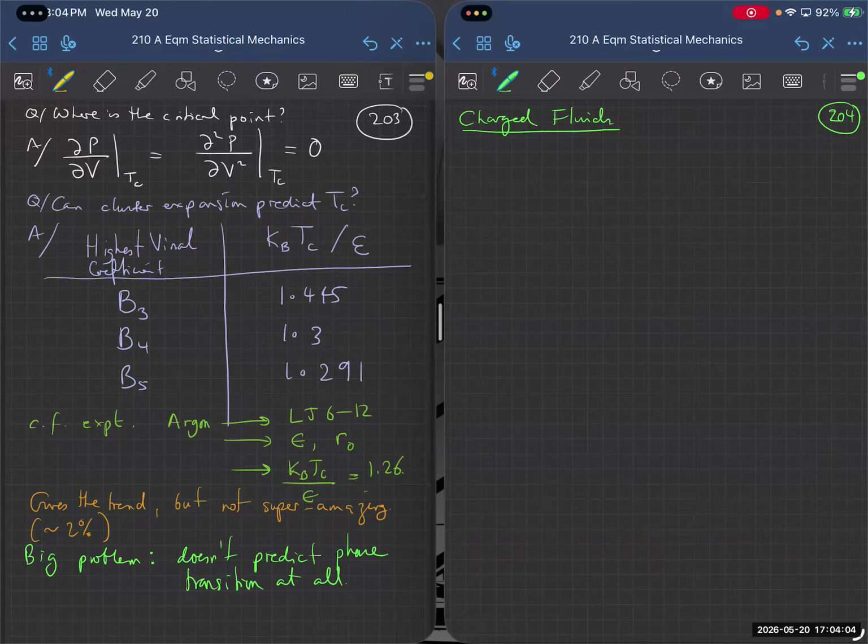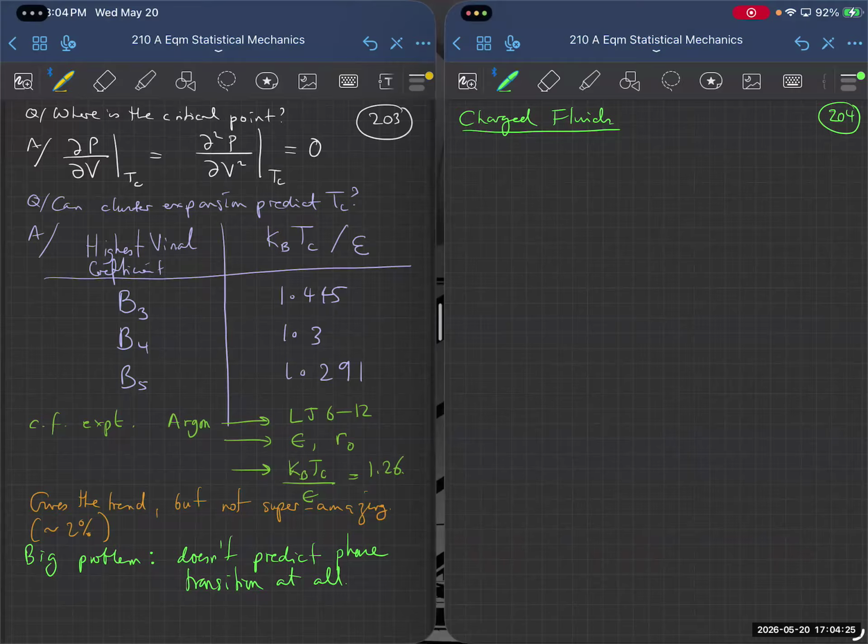All right, now let's talk about charged fluids. This is really super interesting. We're going to see a way in which all this math can break down in a very simple system, one that's so simple, in fact, that you have it all over your body. You are basically all of this.